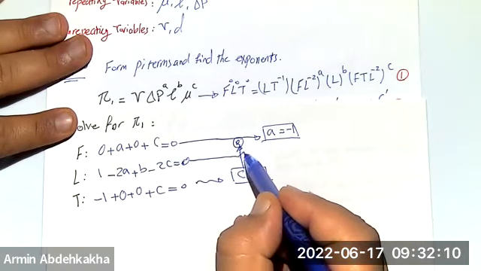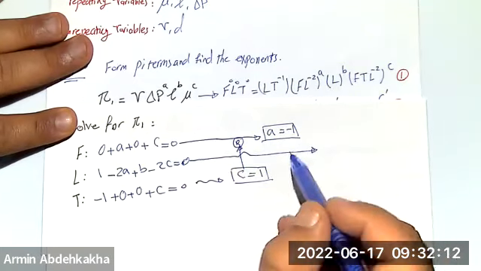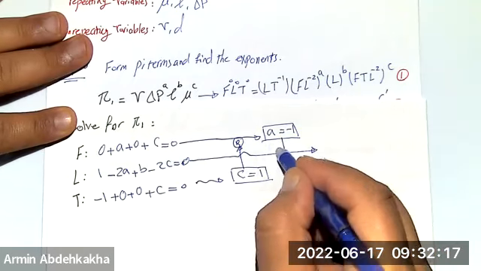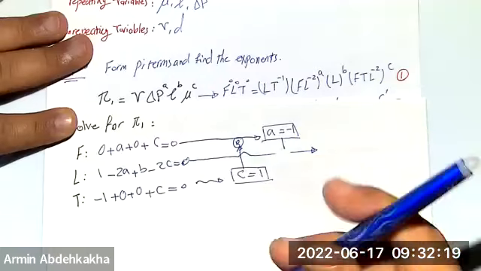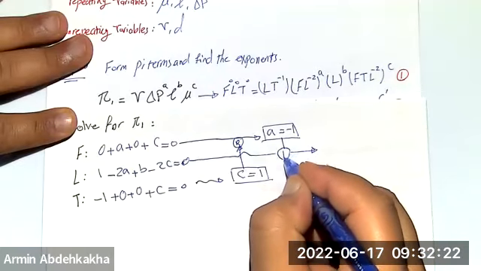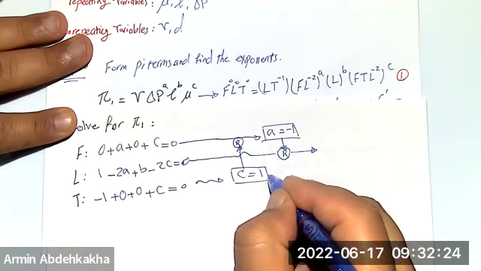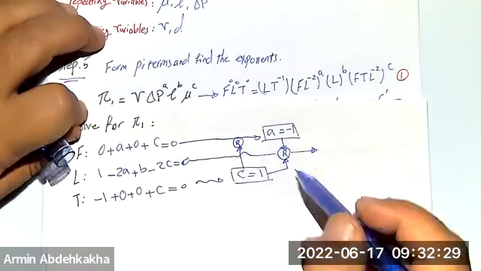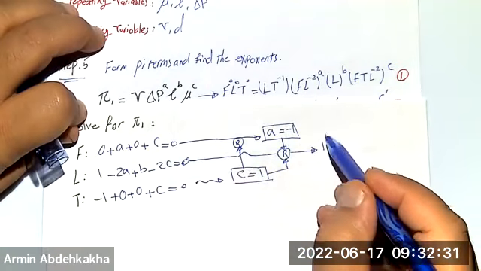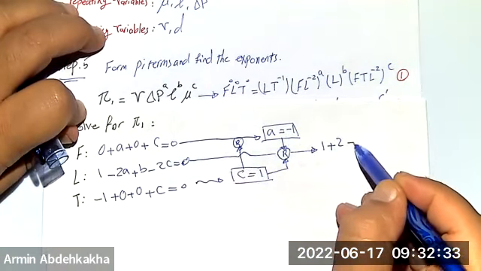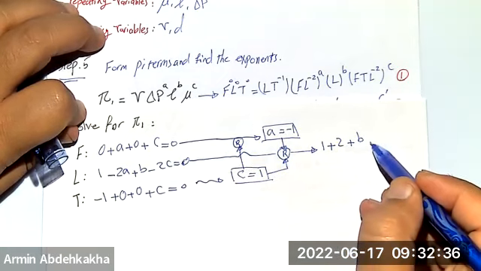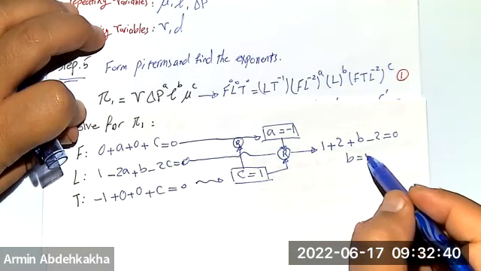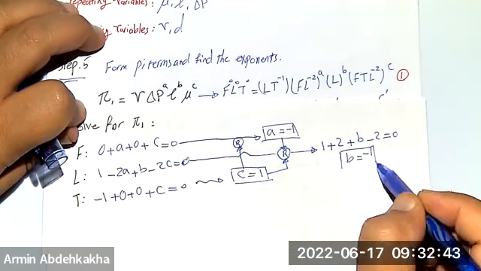Now bring it here and replace these two. In the second equation, one here and one here. These two in equation 2 give you minus 1, 1 plus 2 plus B minus 2 equal to 0, then B is going to be minus 1.